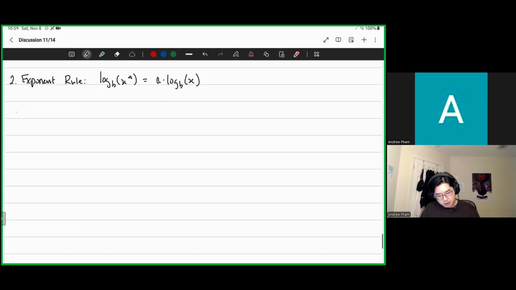Okay, so here's the proof. First, we're going to let log base b of x equal y. We consider any arbitrary logarithm. But the premier example, and we'll use this quite often, this is the same thing as saying b to the y is equal to x. All right. What exponent do I raise b to get me back x? That's going to be b to the y.